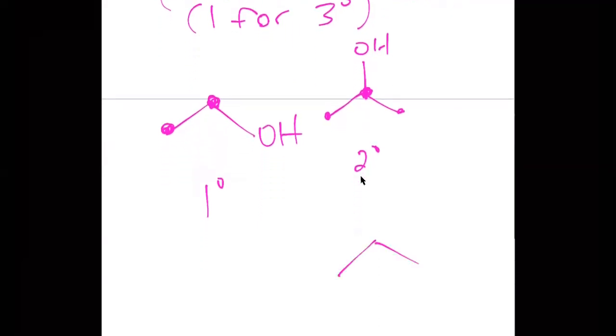All right, and then a tertiary will be like this. The carbon where the alcohol is attached has three carbons, just like the name. So this would be tertiary. It's the same when you're talking about primary, secondary, and tertiary carbons. It's the same concept.